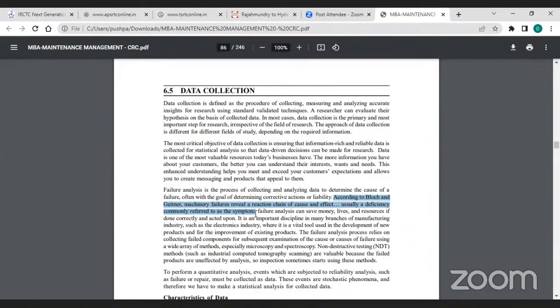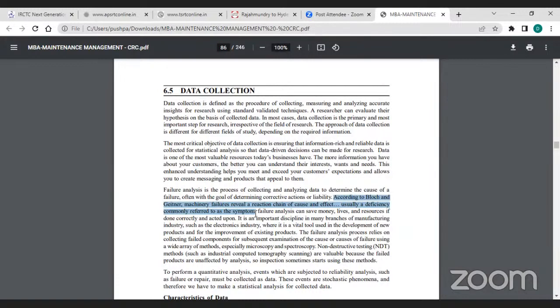From the height, whenever there is no proper fencing or no proper support, they fall down. Whenever there is more grease and they are not cleaning, they just fall down. So these are the cases where the lives of people are affected. By this failure analysis, we can try to reduce this.